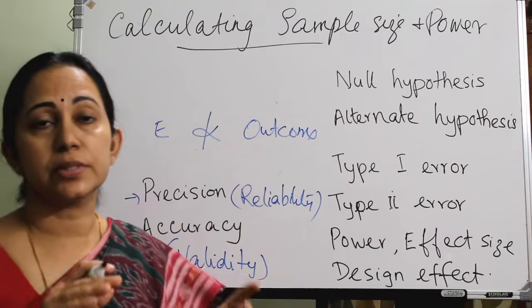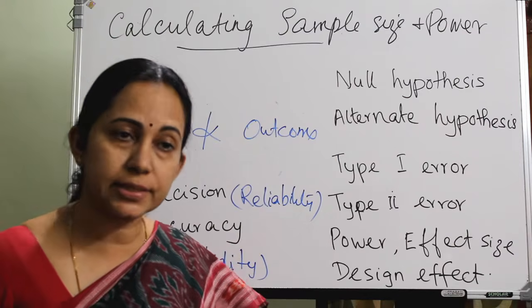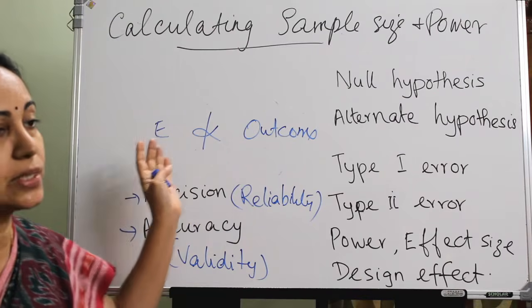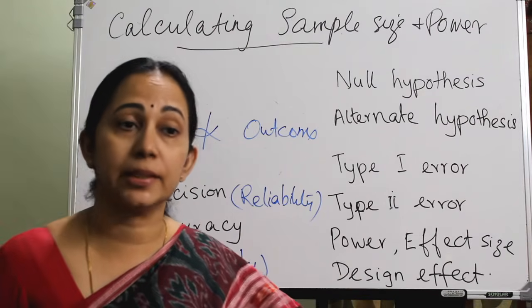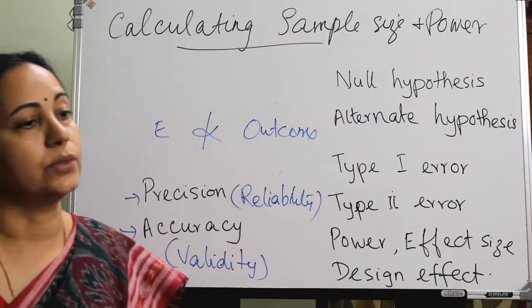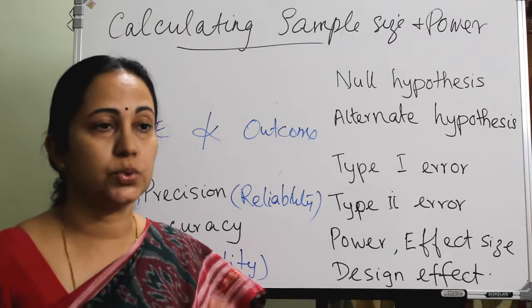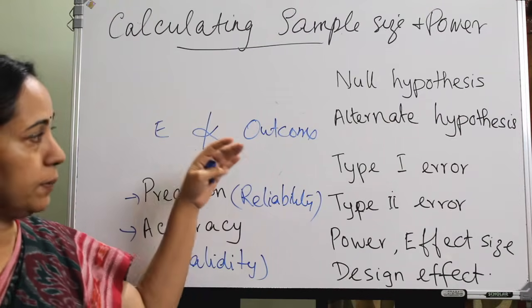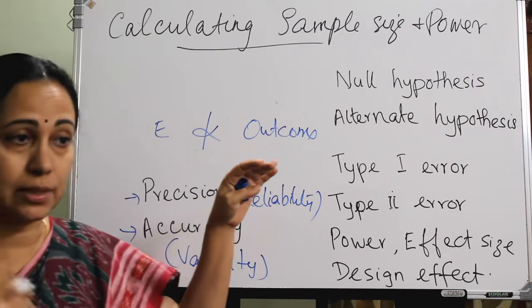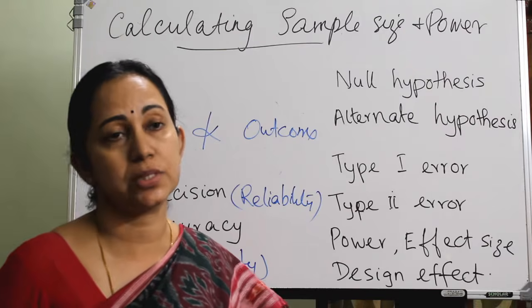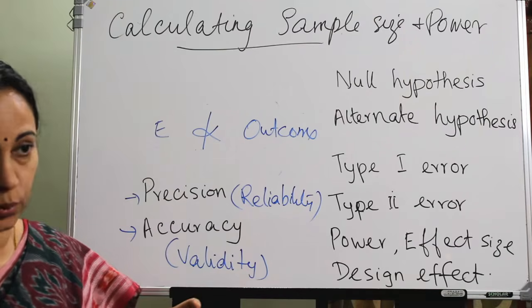And the alternate hypothesis is the opposite, contradicting the null hypothesis. It states that there is an association between exposure and outcome. It can be either single tail, that is only to one side, or two-sided, either way. So null hypothesis is there is no association between exposure and outcome, and alternate hypothesis is the opposite, which states that there is an association between exposure and outcome.